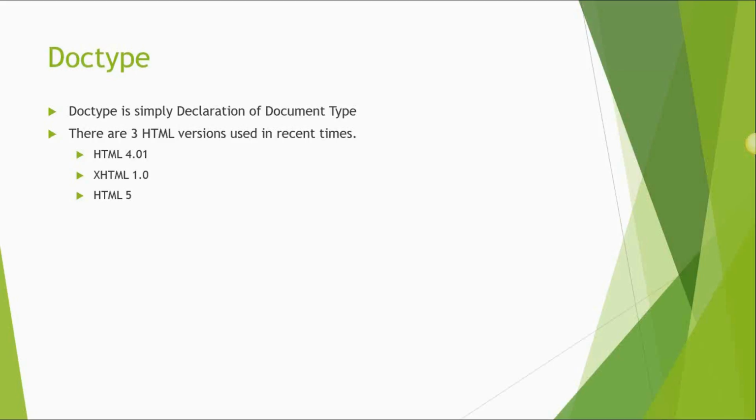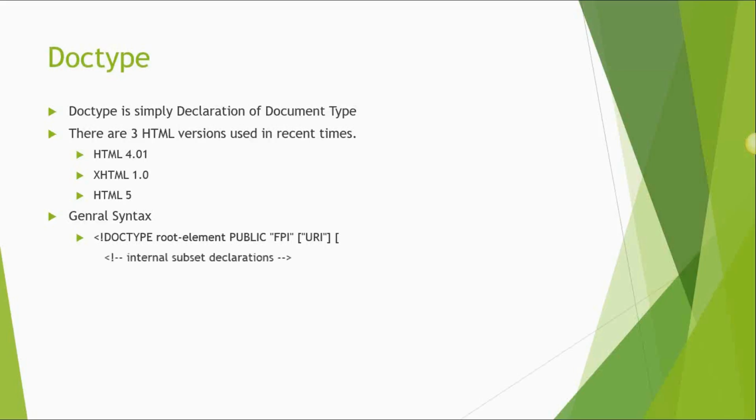The general syntax is DOCTYPE, a root element, PUBLIC, an FPI or URI, and the URI which is linked to the set of instructions defined by W3C, then the internal subset declaration, and then the ending of the tag.